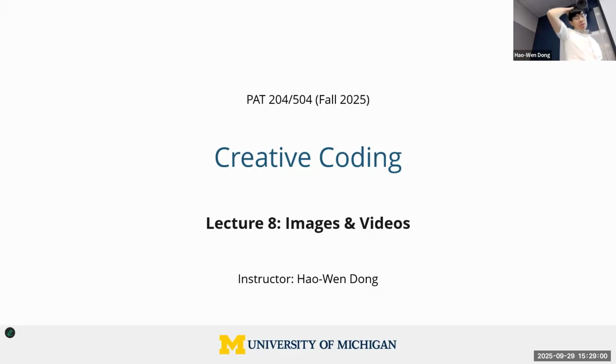This is a class in a music school, so we will be audio first, but to be honest, Processing is more about images and videos. So now we're going back to images and videos: how we can load images and videos and work with those. We talked about how we can work with sound, and in Processing there's a lot more about image and video processing.